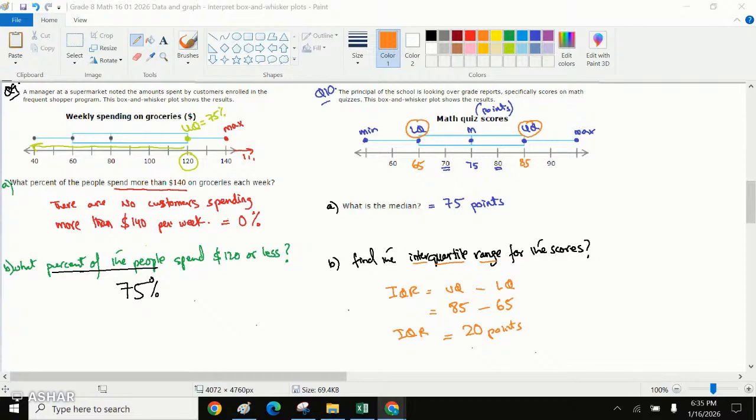Let's try the test. Let's see what we can do in the test. So for the first question, we would just be studying. We're not making box and whiskers for now.